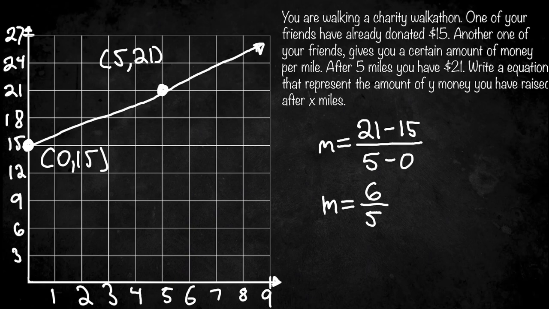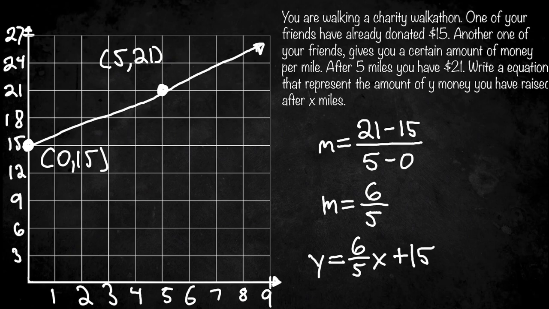So the y-intercept is 15 and the slope is 6 over 5. So now we can write the equation for this line, right? So that'd be y equals 6 over 5 x plus 15. So the answer to this problem is y equals 6/5 x plus 15.